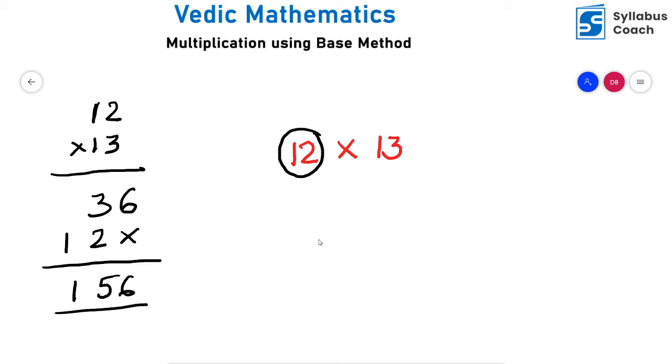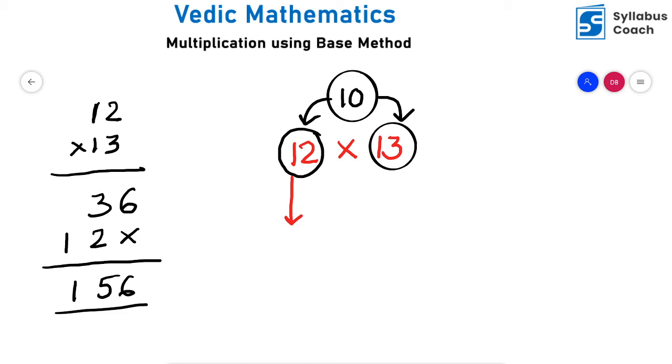You can see 12 and 13, so it's very clear the base of the question is 10. Therefore, you need to compare each of these numbers with 10 and understand how big or how small it is when you compare with 10.